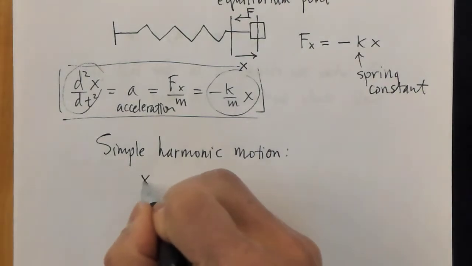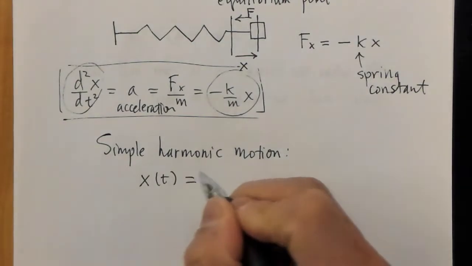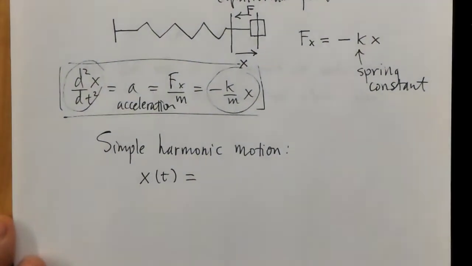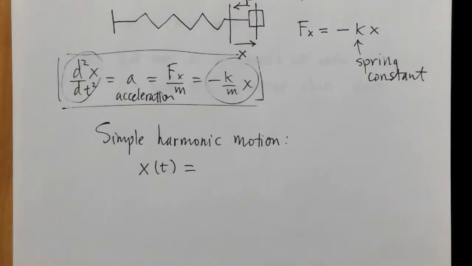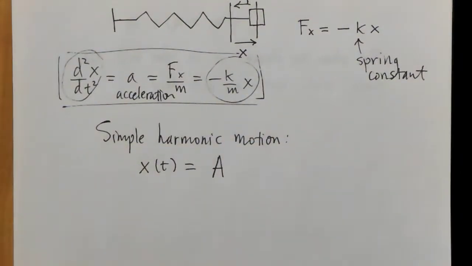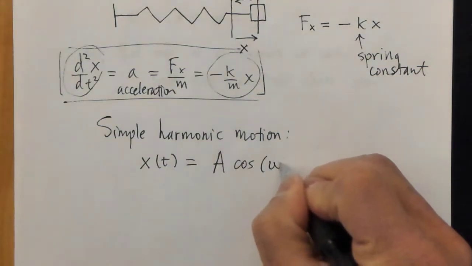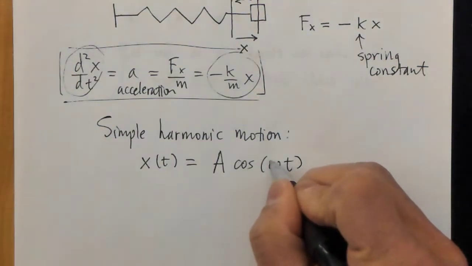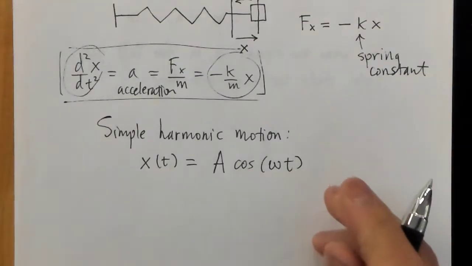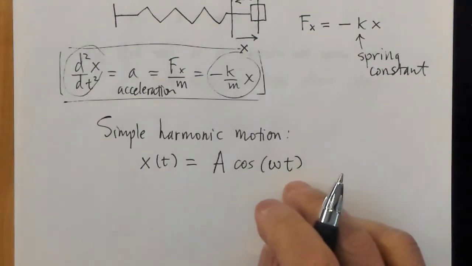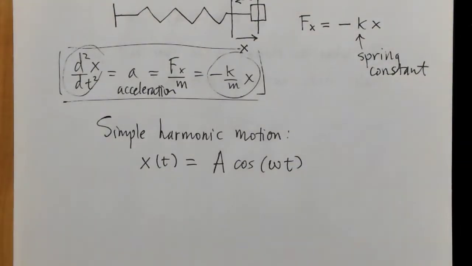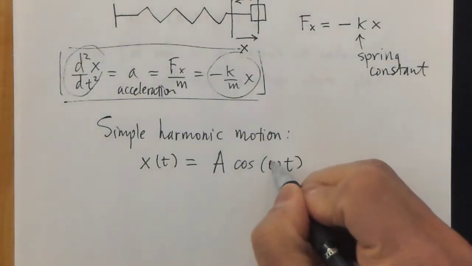And the solution, one particular solution, is exactly what we discussed last time. It's some amplitude A times the cosine of omega t. I keep saying tau. There's no tau in this whole lecture, and I don't know why I keep saying tau. T. All right.